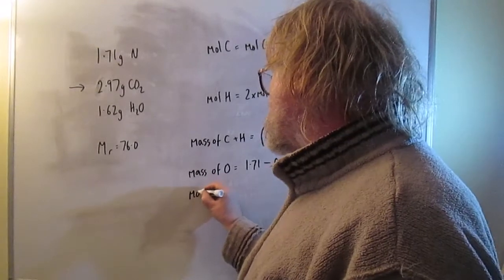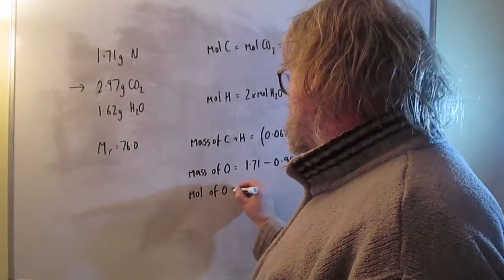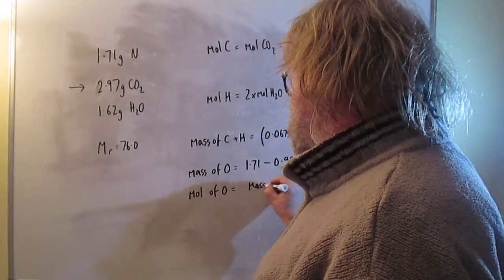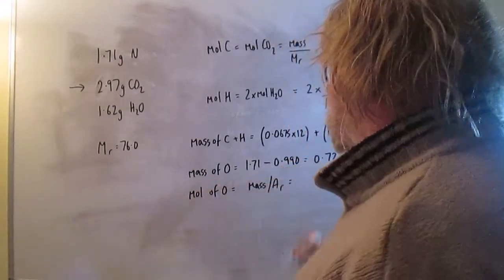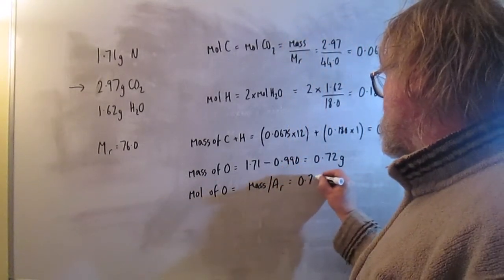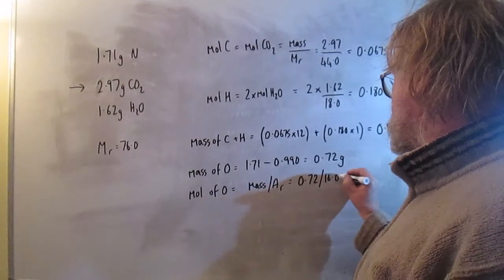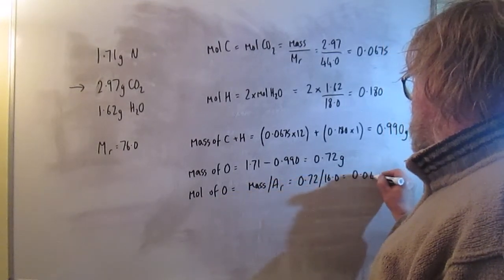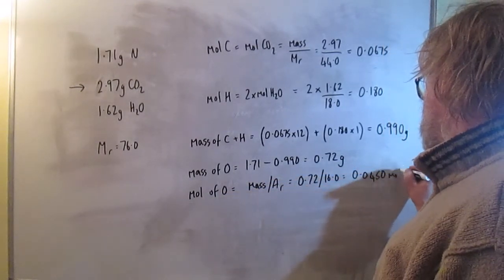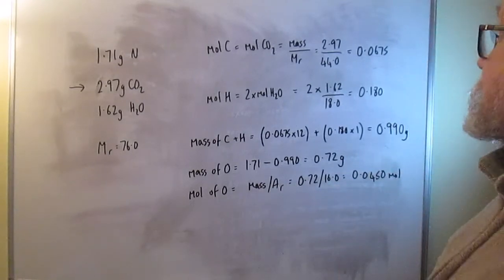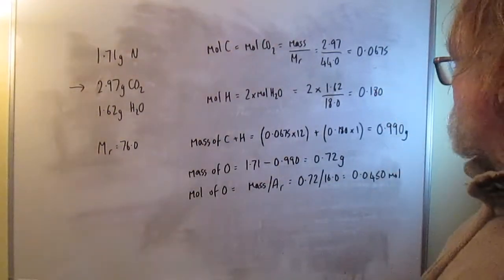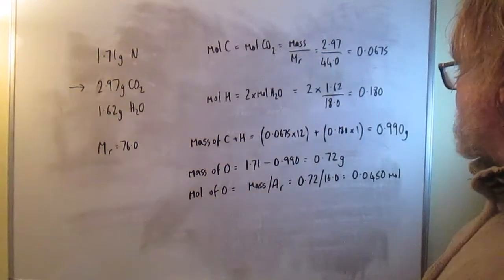So we get moles of oxygen is mass over Ar. Okay, is 0.72 over 16.0, which is 0.0450 moles.